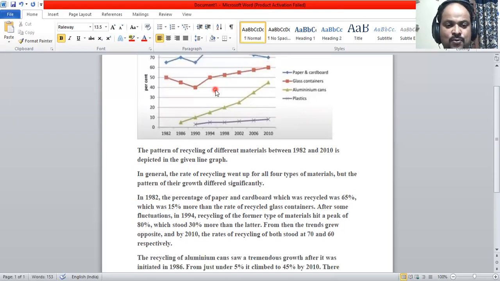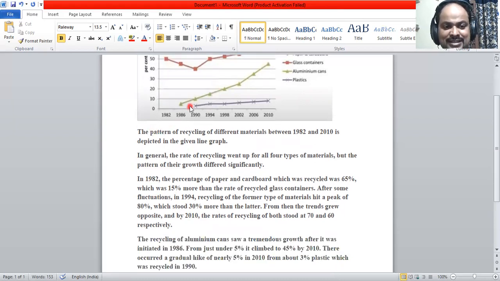So this case is over. Comparison: the recycling of aluminum cans saw a tremendous growth. After it was initiated in 1986, from just under 5, it climbed to 45% by 2010.